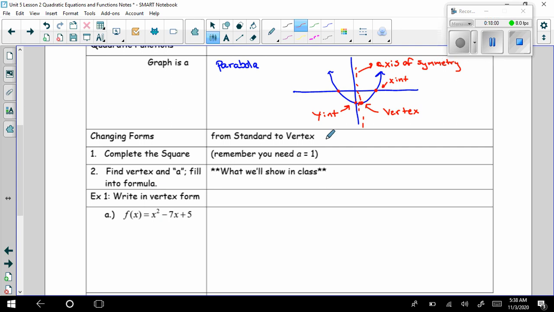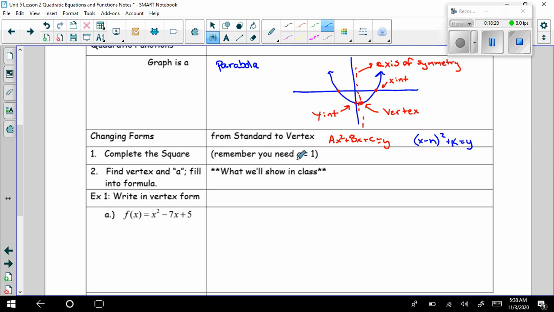And standard form is ax squared plus bx plus c, where vertex form is y equals a(x minus h) squared plus k, where h and k are your vertex.